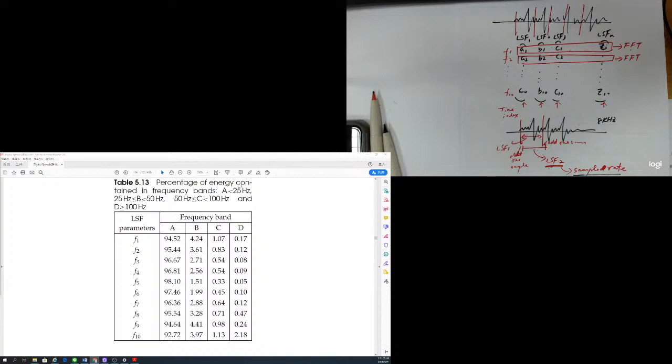If you consider 25 hertz, what is that? A, below 25 hertz.